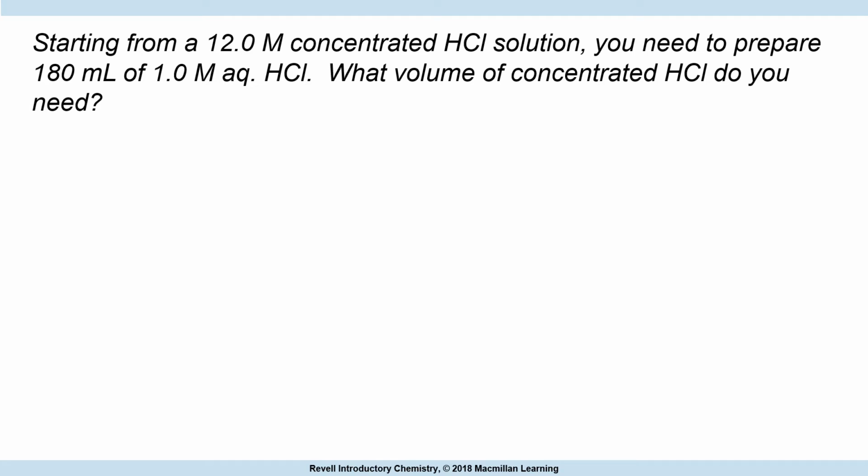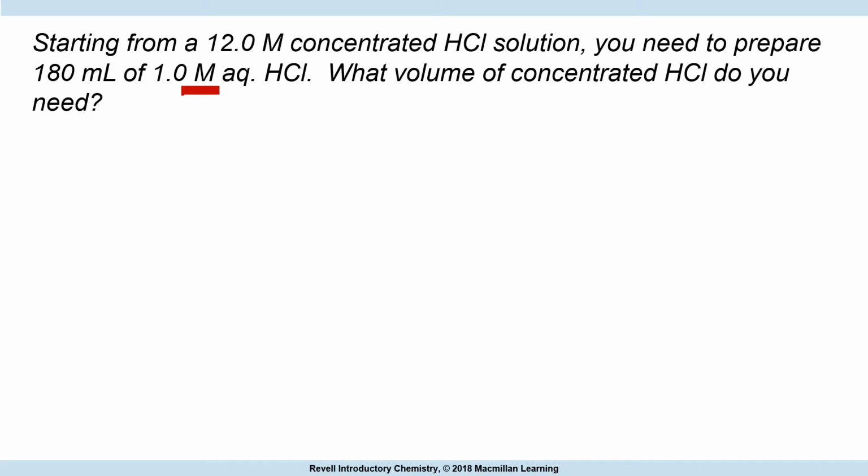If you start with a concentrated HCl solution of 12.0 molar, you want to prepare 180 milliliters of 1 molar. So we've got to remember, this is very important to remember.